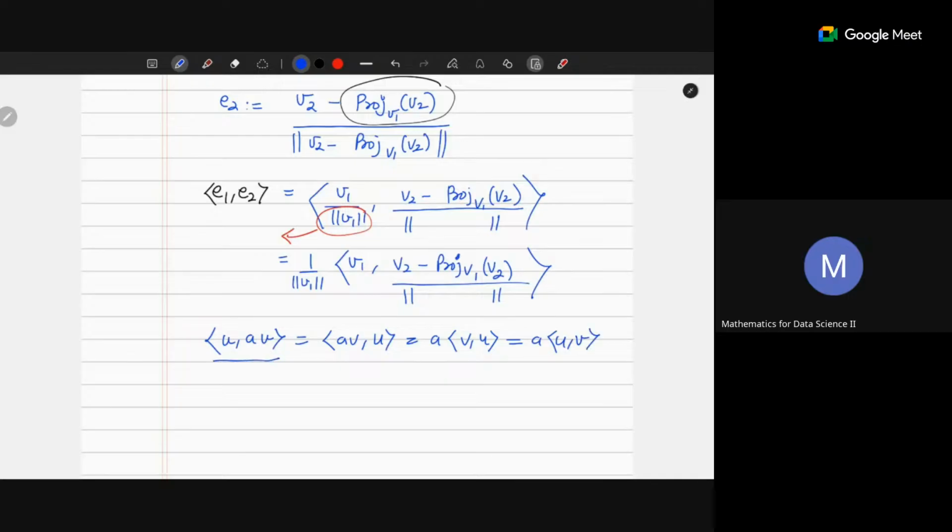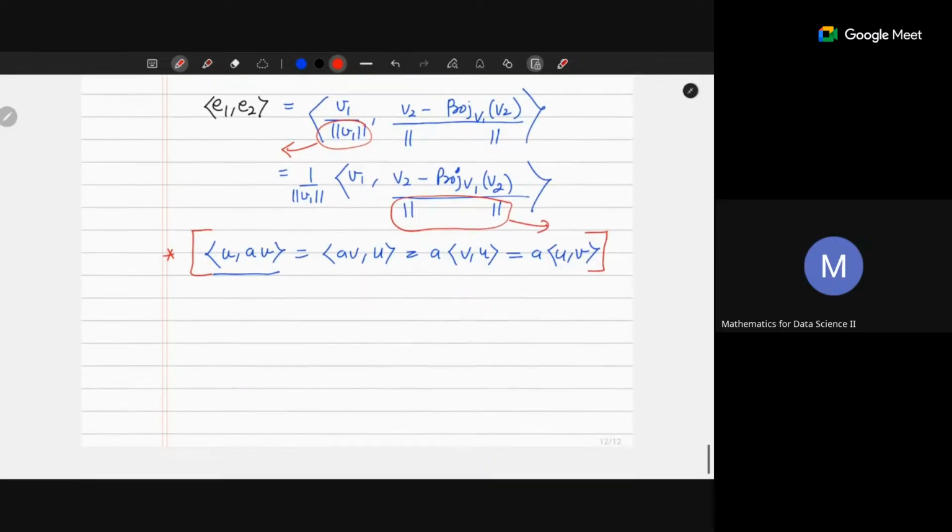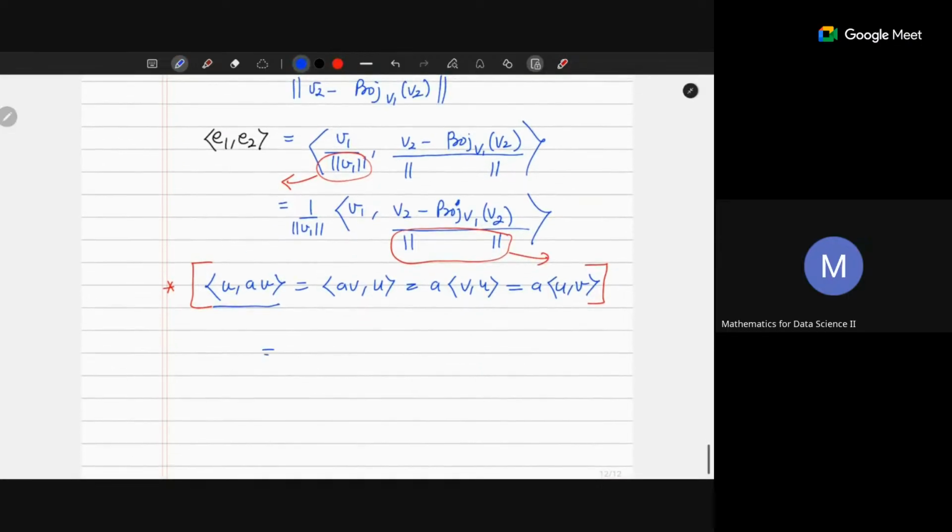So in the second coordinate also, the inner product is linear. You can check that using the symmetry. So I can take the other inner product out as well.